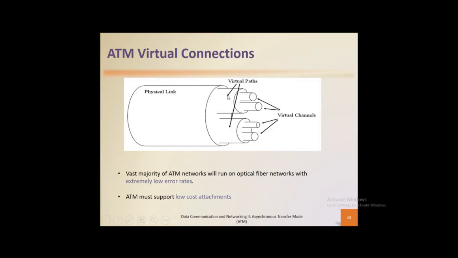So a virtual path within the physical link, the road, and then within the road you have lanes, which consist of your virtual channels. So you have VCCs bundled up, as we mentioned earlier, within the virtual path. The vast majority of ATM networks run on fiber optic networks with extremely low error rates, and also support low cost attachment.